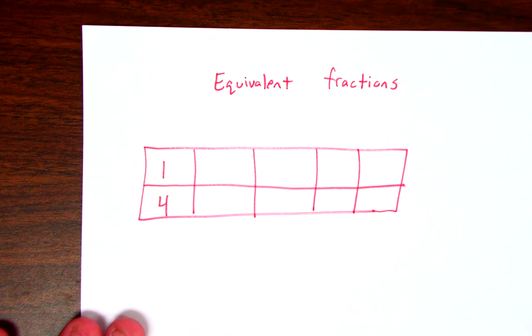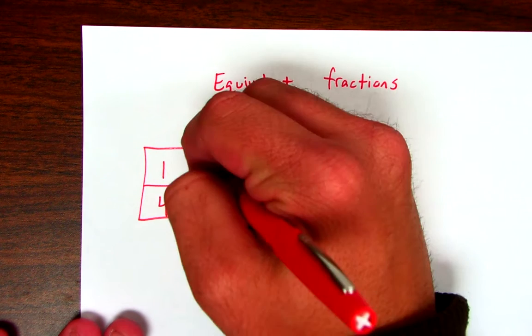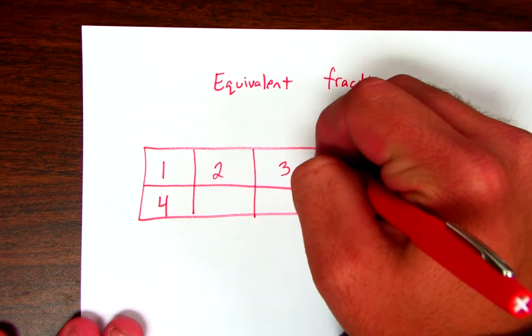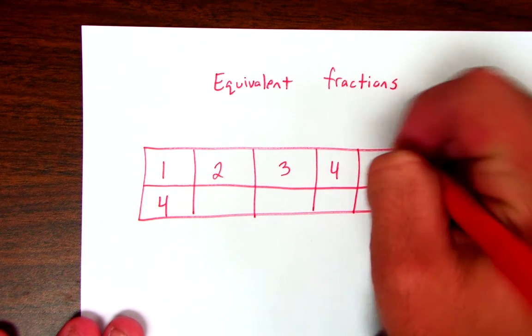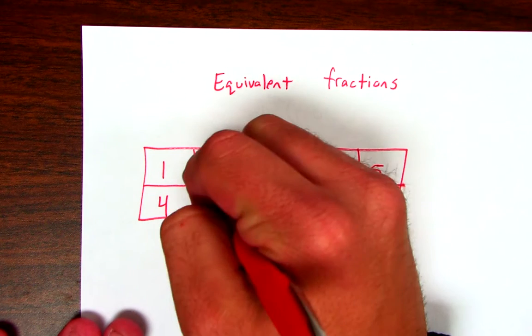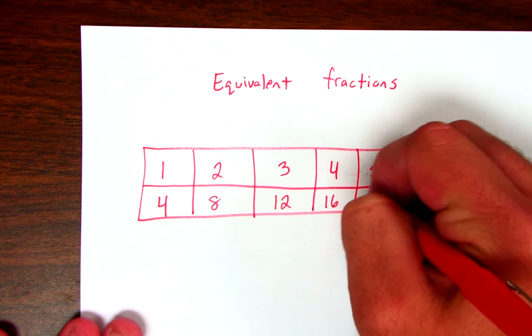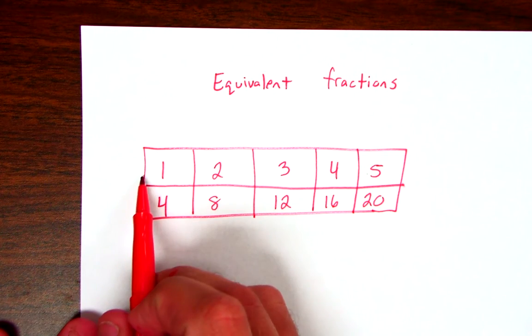I want to find some fractions that are equivalent to it. Well, your top number here is going by ones, so fill it in. Your bottom number here is going by fours, so let's fill it in.